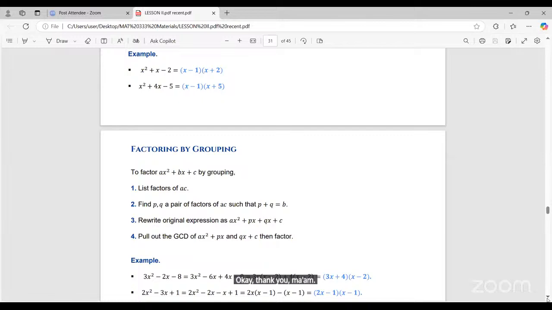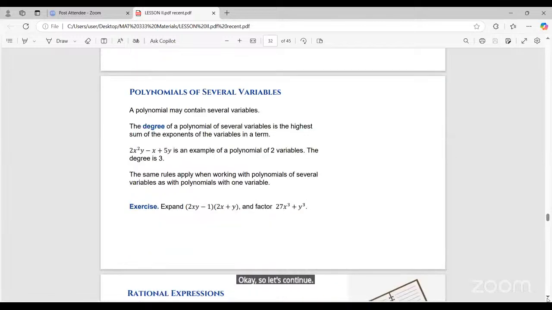Okay, so let's continue. Polynomials of several variables. A polynomial may contain several variables. The degree of a polynomial of several variables is the highest sum of the exponents of the variables in a term. Several variables is when you have more than one variable.